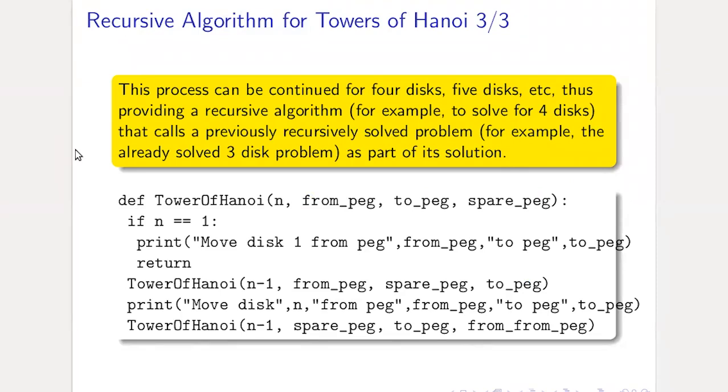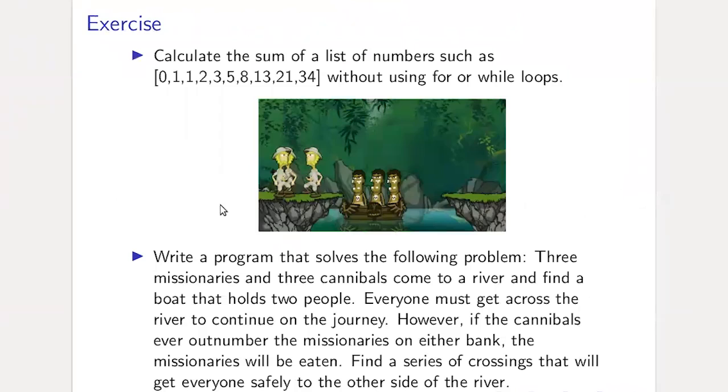So moving forward. So now we have completed our discussion on the two classic problems of palindromes and towers of Hanoi. To finish off this particular lecture, I have given two exercises for you to try out.